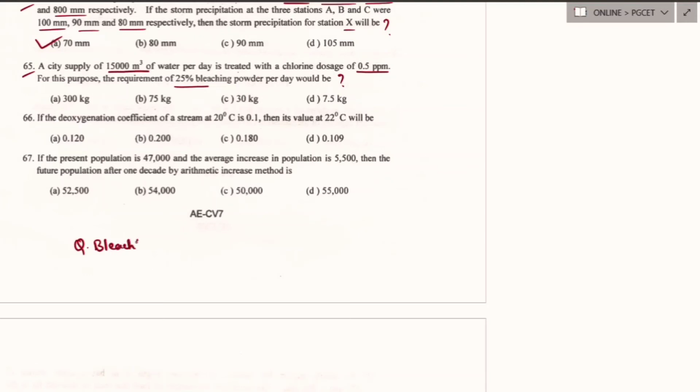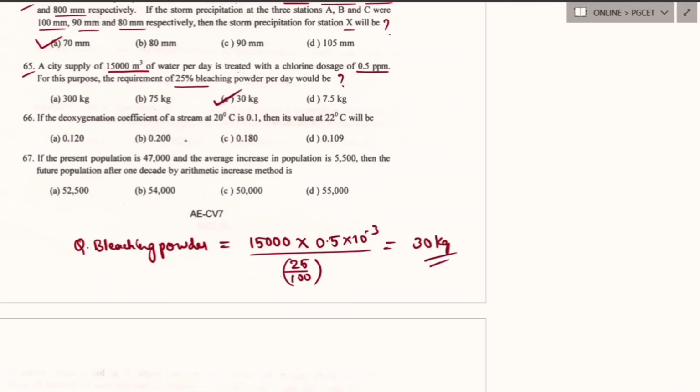So quantity of bleaching powder is equal to water supply, that is 15,000 meter cube, multiplied by chlorine dosage, that is 0.5 into 10 to the power of minus 3, divided by, for 25% bleaching powder, 25 divided by 100. So quantity of the bleaching powder will be 30 kg. So option C is the right answer.